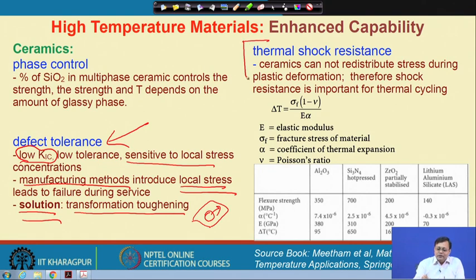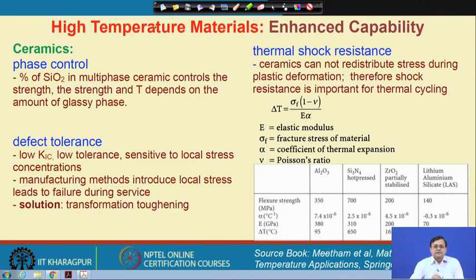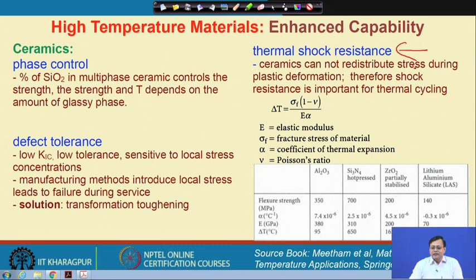Now, the other point is the thermal shock resistance, meaning if we apply heat to a ceramic material, since the conductivity of ceramic is not as high as metal, there is a temperature gradient which will cause the material to fail. In such a case, the ceramic cannot redistribute the thermal stress through plastic deformation, which limits shock resistance.